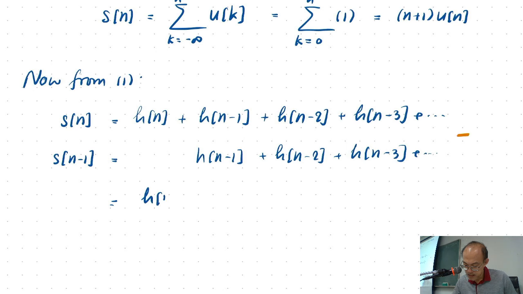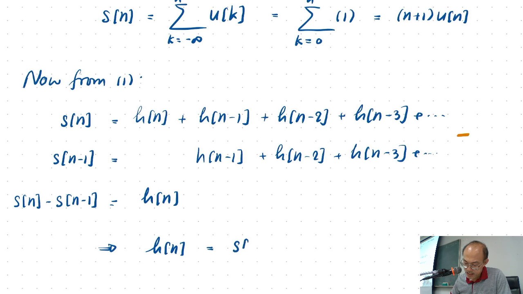The left hand side will be s of n minus s of n minus 1. And now I have another formula. This equation tells us that if we know the unit step response, then we can find the impulse response. The impulse response can be found from the unit step response by subtracting these two terms.